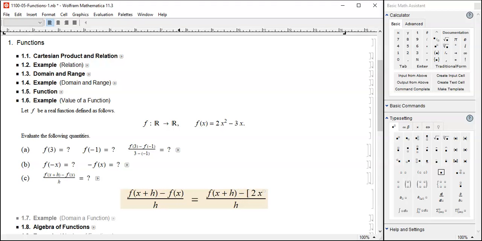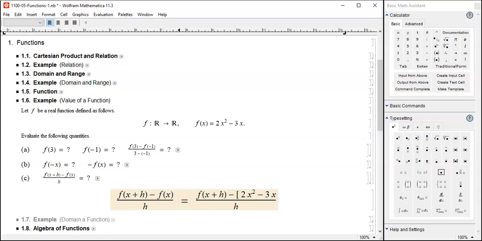That is 2x squared minus 3x, as we have over here. So this one here, which I just highlighted in green, is this one. No problem there. Now this one, that's going to take a little bit more effort.